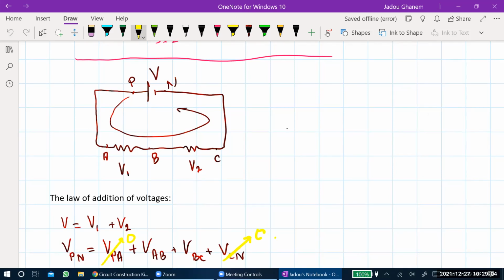Okay, let me change the color. VPN equals VAB plus VBC.